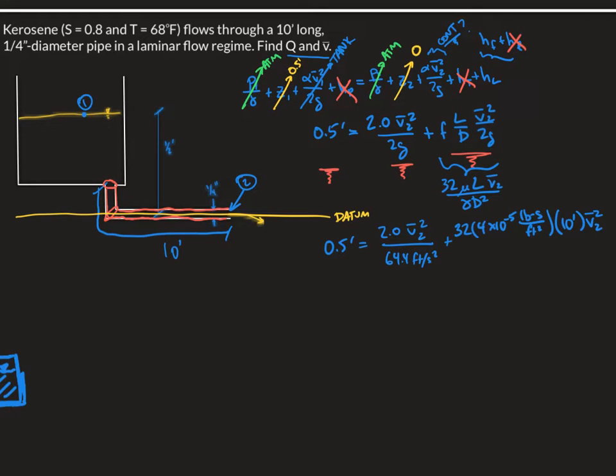All divided by gamma. Now this is the gamma of the kerosene, so it's 0.8 times 62.4 PCF. And now we need the diameter of the pipe squared. The diameter of the pipe is 1/4 inch, so we divide that by 12 and we get 1/48 of a foot squared.